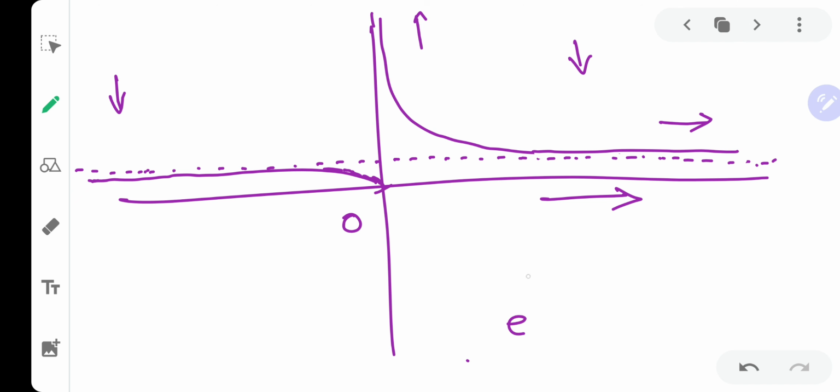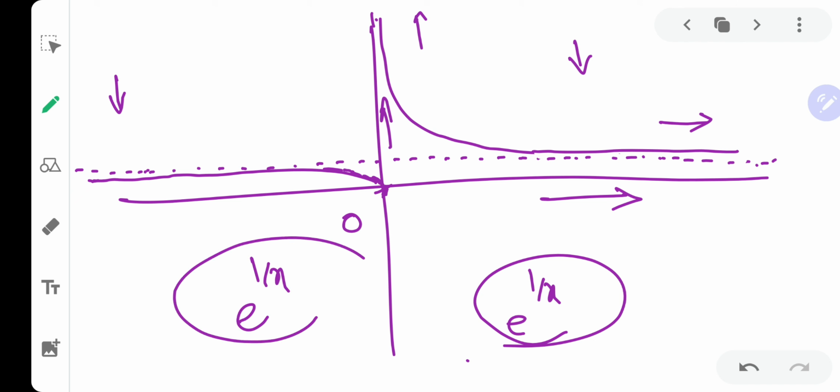In short, what I mean to say is e raised to 1 by x is a decreasing function. And we have also drawn the graph of it. At x equal to 0, the left hand side limit is 0 and the right hand side limit is infinity. Hence we can say that the limit of such a function e raised to 1 by x definitely does not exist.